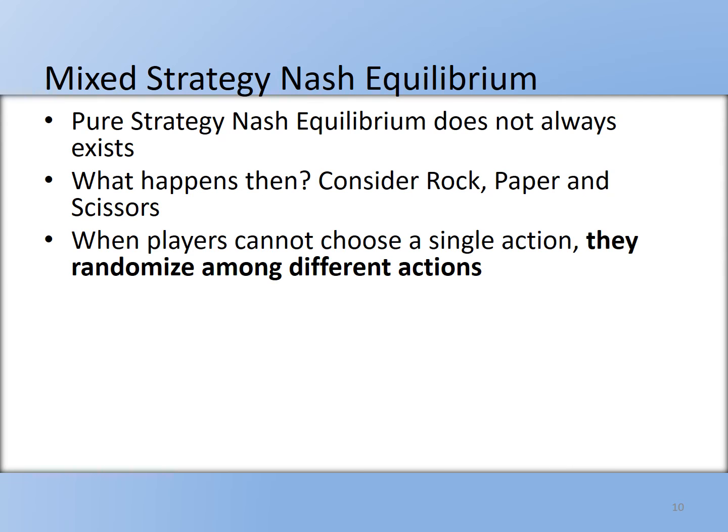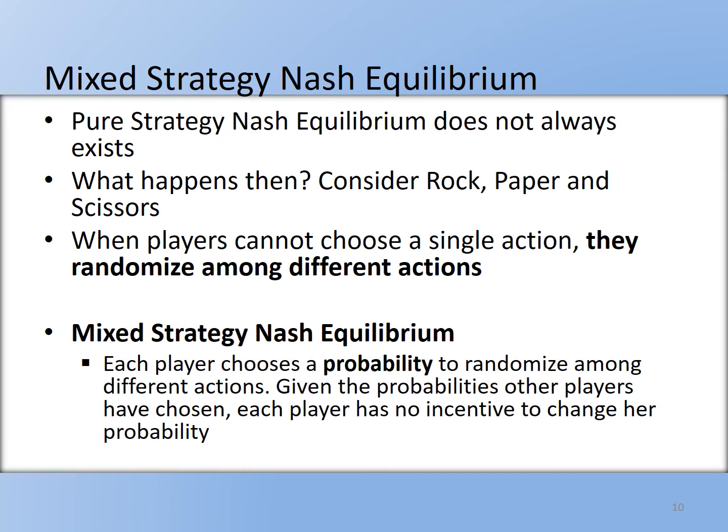You are intentionally deciding that you can randomize between the three possible actions. So, when players cannot choose a single action, they randomize among different actions. And this leads to the concept of mixed strategy Nash equilibrium. Instead of choosing a single action, each player chooses a probability to randomize among different actions. Given the probabilities other players have chosen, each player has no incentive to change their probability.